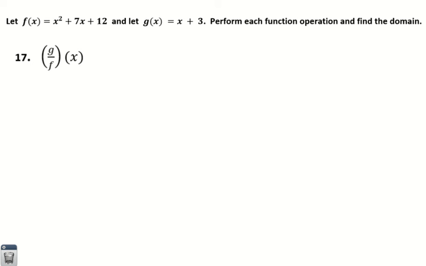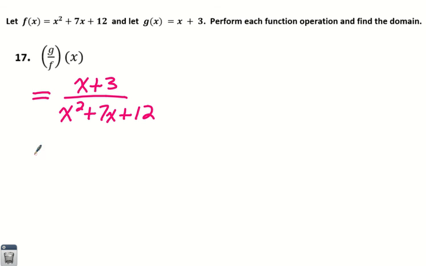Number 17, it's going to be the g function divided by the f function. And in this situation, we're going to want to simplify if possible, which means factor first. You factor before you do any canceling.